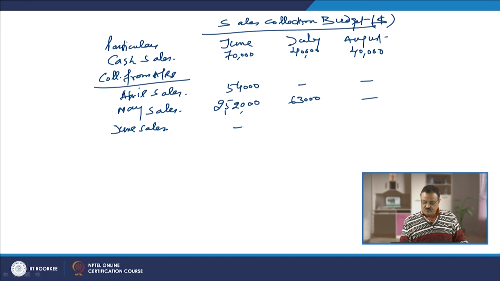So, 80% of the 90% of sales, that is 504,000 rupees, will be collected in the month of July for the sales which we made in June, and the remaining 126,000 we are going to collect in the month of August. So, the June sales also stand collected: 70,000 here, 504,000 in July, and the remaining 126,000 in the month of August.